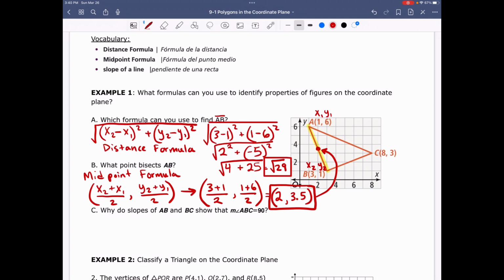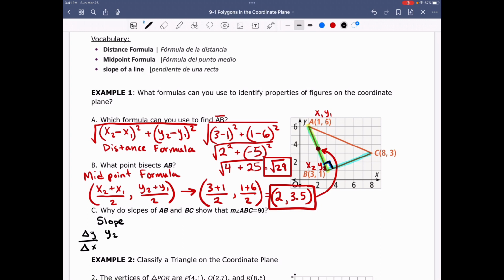Why do the slopes of AB and BC show that the measure of angle ABC is 90 degrees? So why is that angle 90 degrees? Right here. It's getting a little bit messy, but we need to figure out the slopes. So we would use the formula for slope, which is the change in y over the change in x.